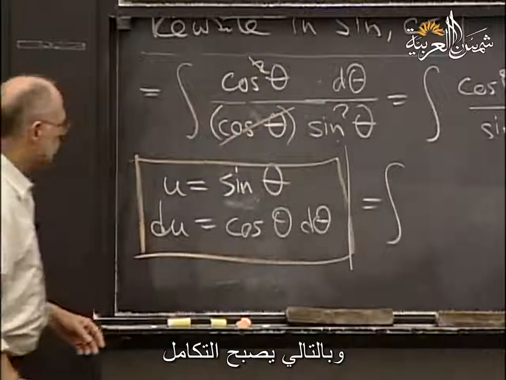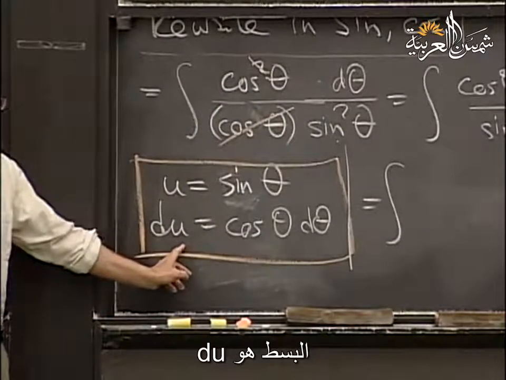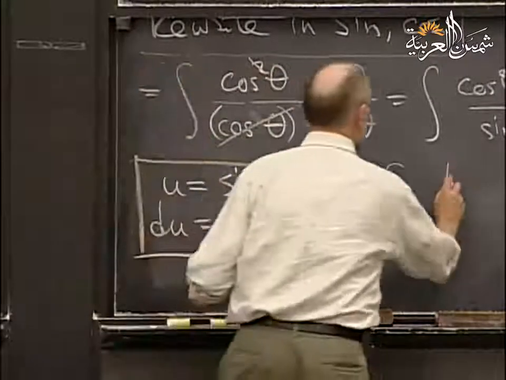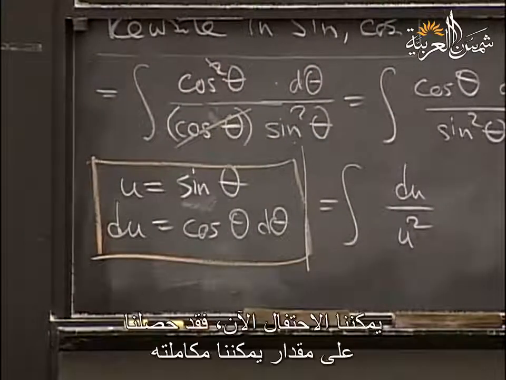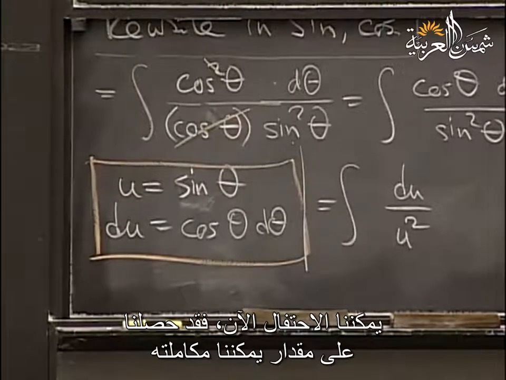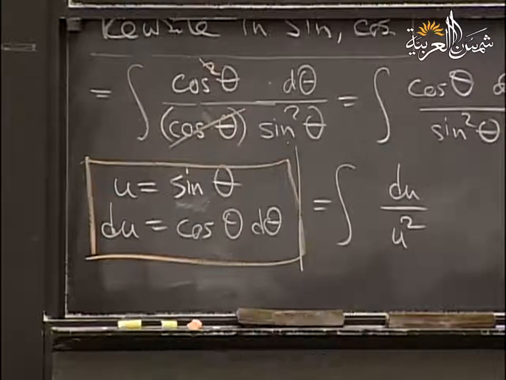And then this integral becomes, well, the numerator just is du. The denominator is u squared.